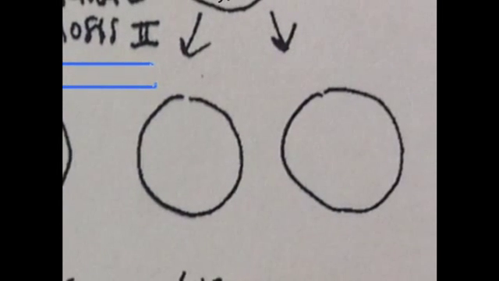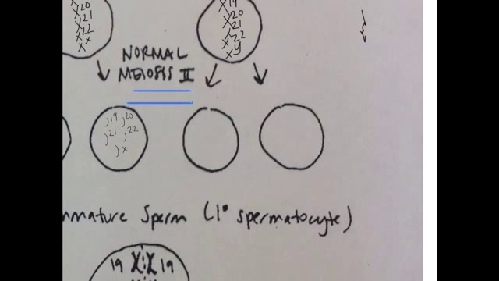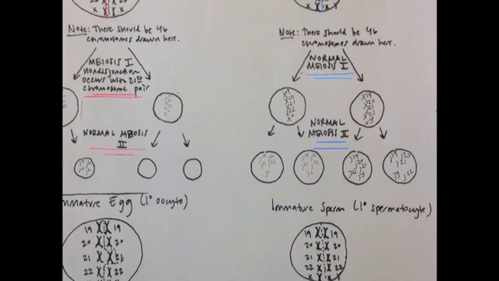And then in these two cells, which came from this cell, we have 19, 20, 21, 22, and then the Y. And those sister chromatids separated, and that's why we have 2 of each. 19, 20, and 21. Now, what I want you to notice is that we now have an egg cell and a sperm cell.